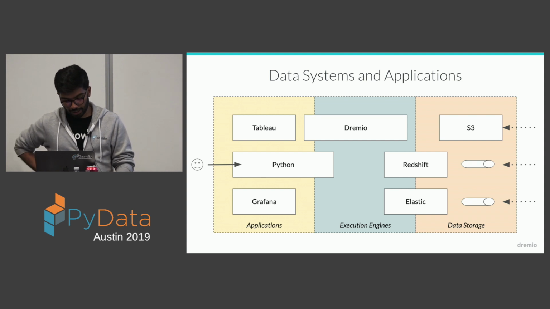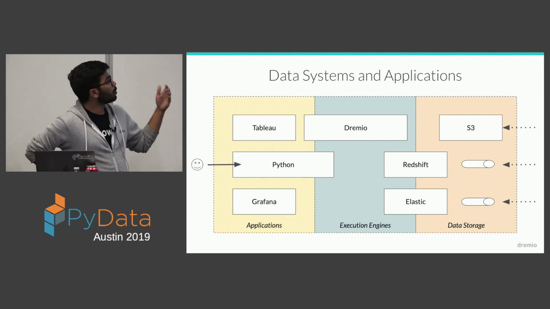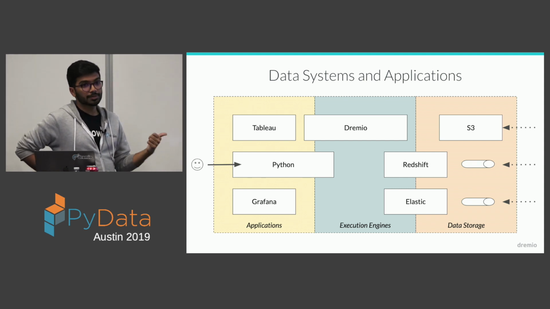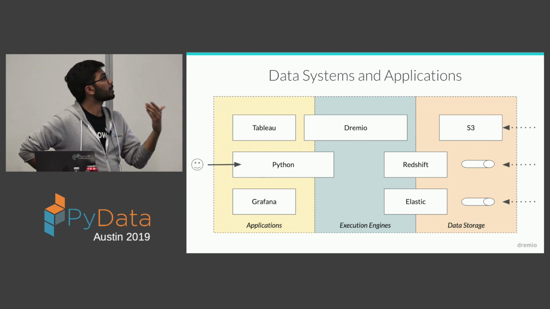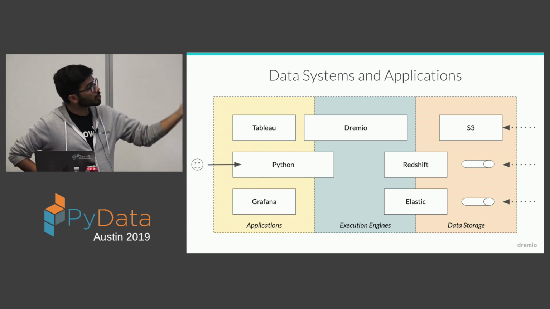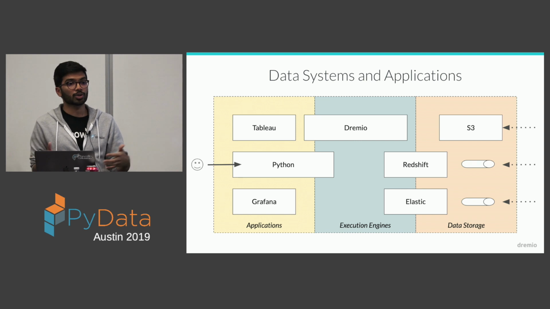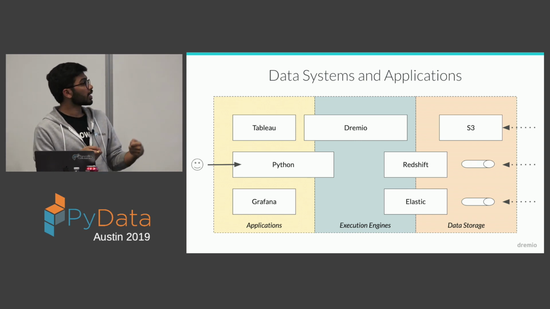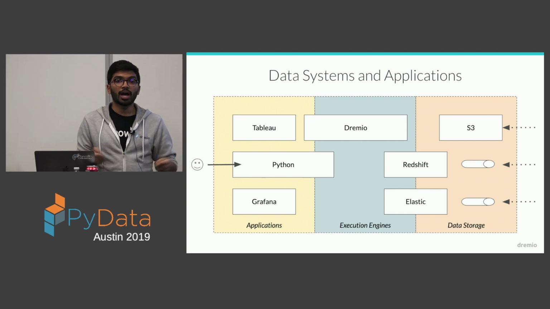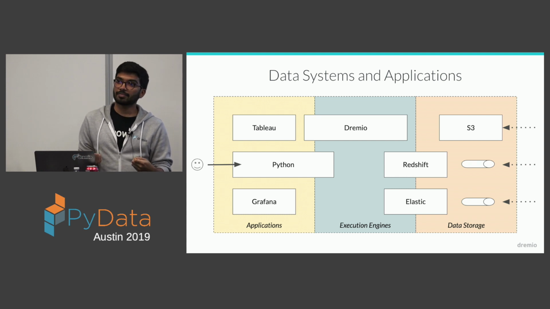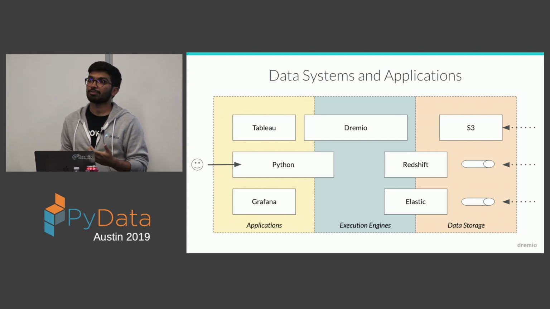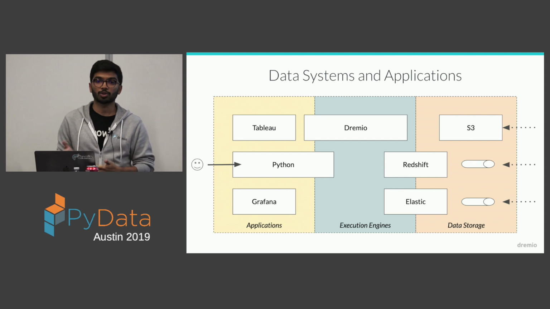So from an analyst point of view, I'm looking at data as tables. I'm looking at them as graphs. I'm looking at them as dashboards, right? From a storage point of view, I'm looking at data as how do I store this most efficiently for access, right? From an execution engine point of view, how do I, for example, make this use SIMD instructions to make the processing go faster, right?